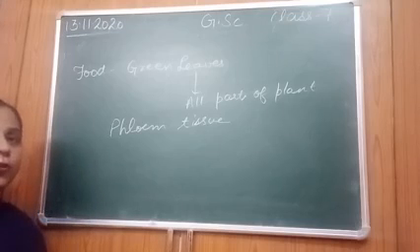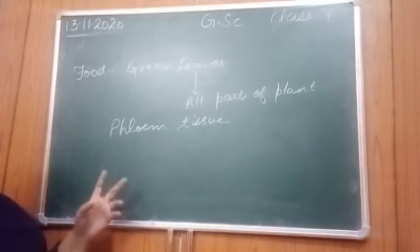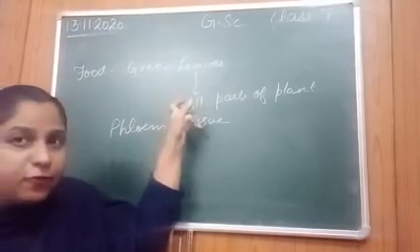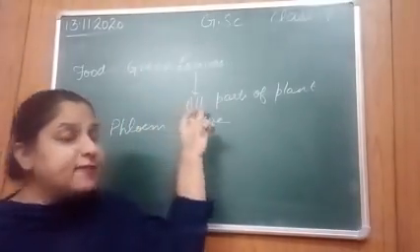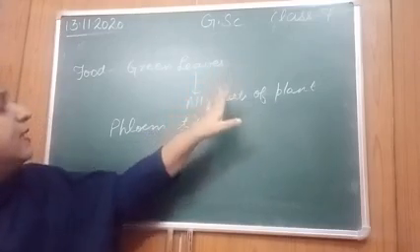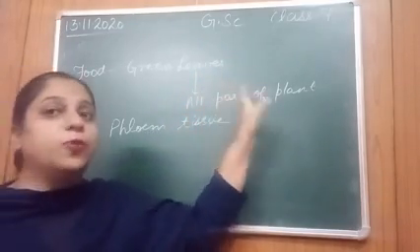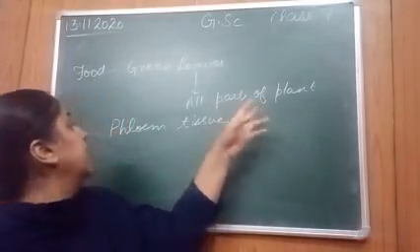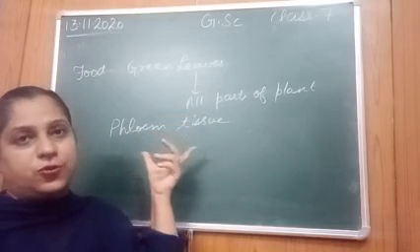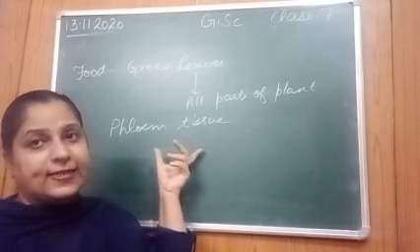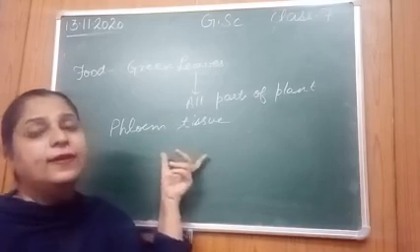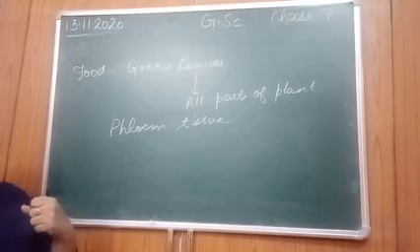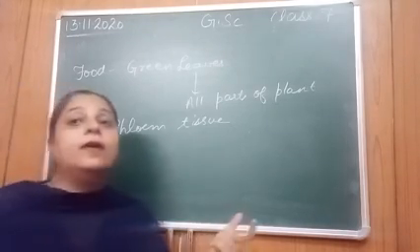Hope this is clear to you all. Green leaves prepare the food. Food is prepared in the green leaves. From here, the food is transported to all the parts of the plant. How is it transported? By the phloem tissue. Right? This is completed now.